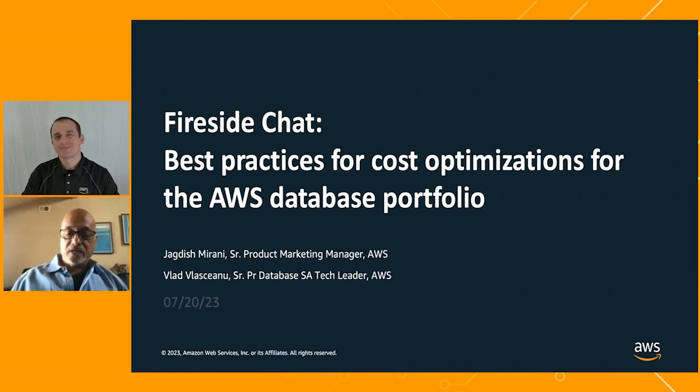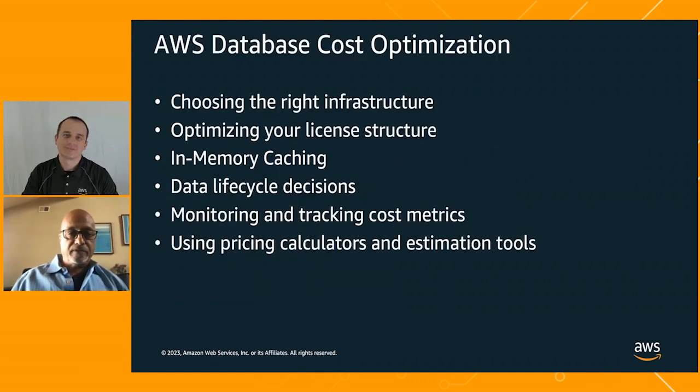So we have a lot to cover here, and let me give you a quick view as to the things we're going to hit. In terms of cost optimization, there are many levers you can pull: choosing the right infrastructure, optimizing your license structure, in-memory caching, which is a very popular way of containing costs, and database lifecycle decisions, of which there are many.